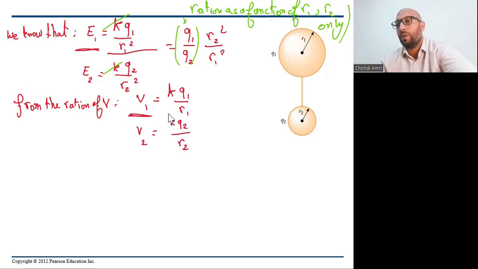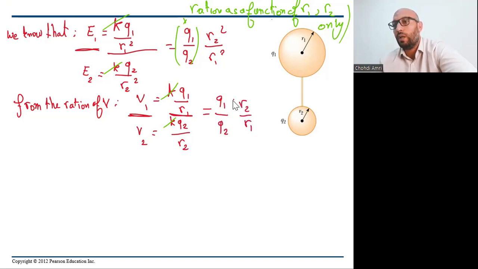What about the ratio of V? We cancel this K, and we get Q1 over Q2 multiplied by R2 over R1. However, what did we say about the electric potential on the surface of a conductor?